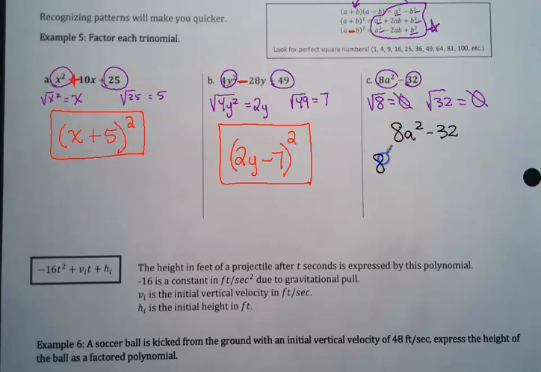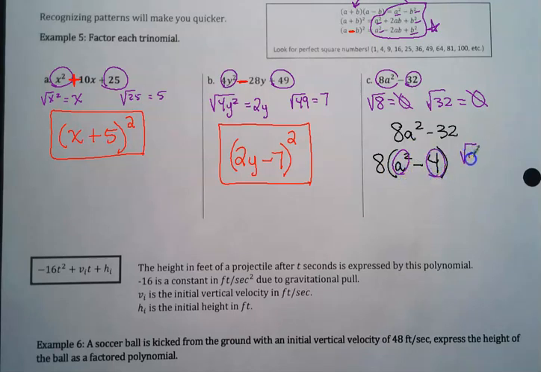So we need to factor out the 8 first. 8a squared divided by 8 is a squared. Minus 32 divided by 8 is 4. Now we can see our squares, a squared and 4.